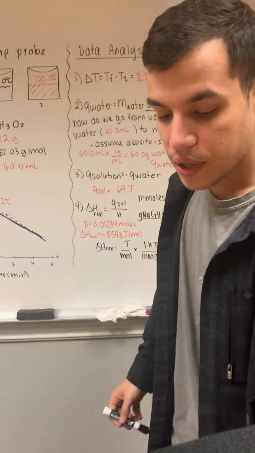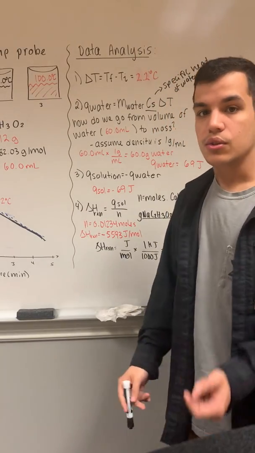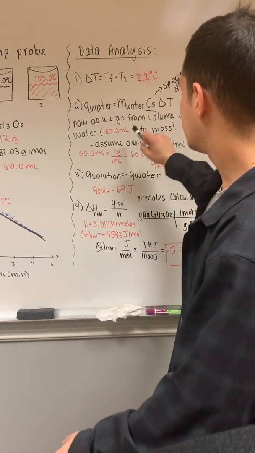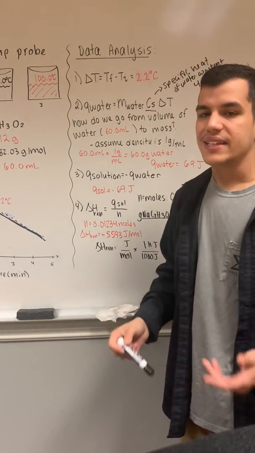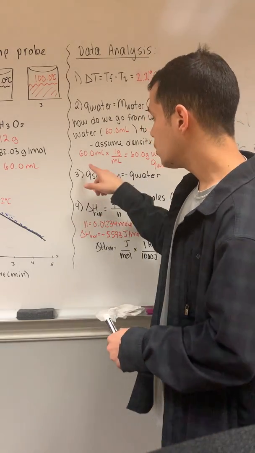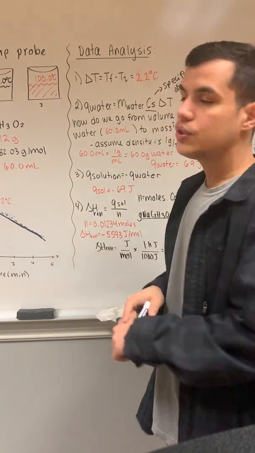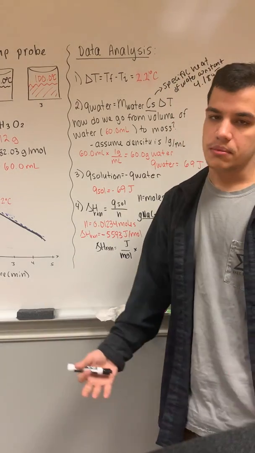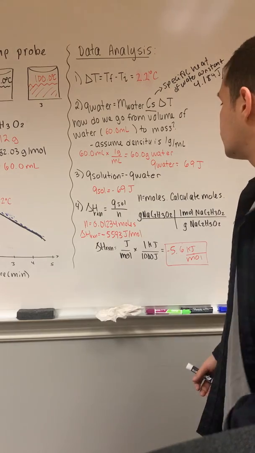We know that we measured out 60 milliliters of water. So we have the volume. So how do we go from volume of water to mass? We're just going to assume that the density is 1 gram per milliliter. So multiply 60 times 1, and it gives you 60.0 grams of water. Basically the same volume is the same mass of water.